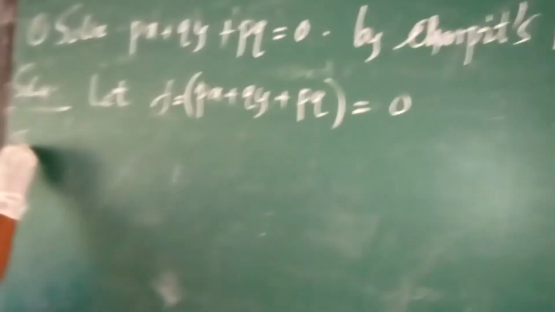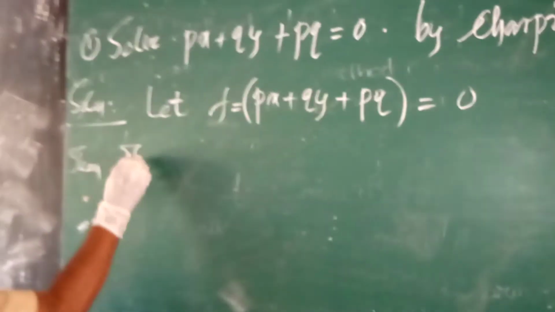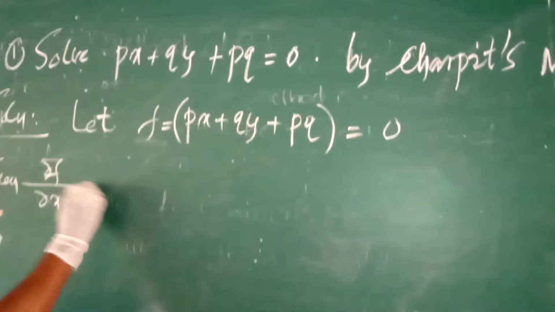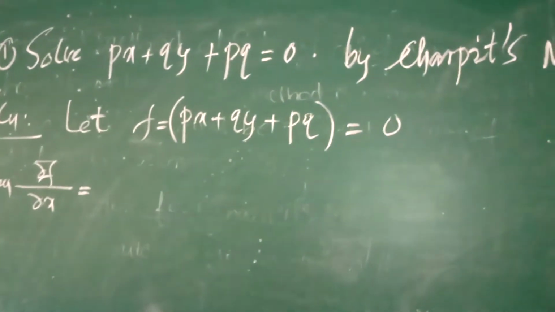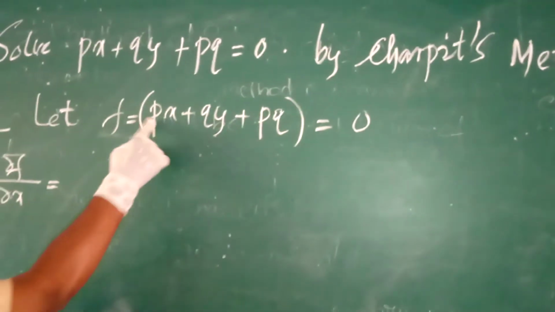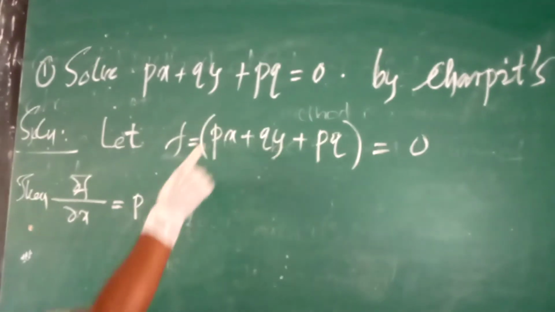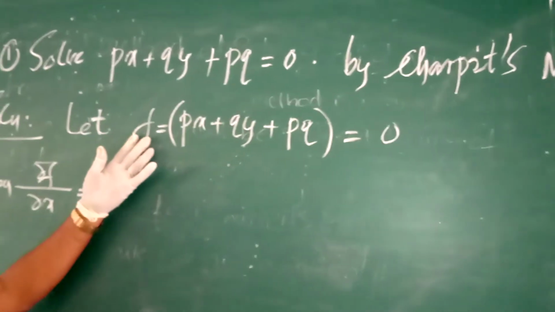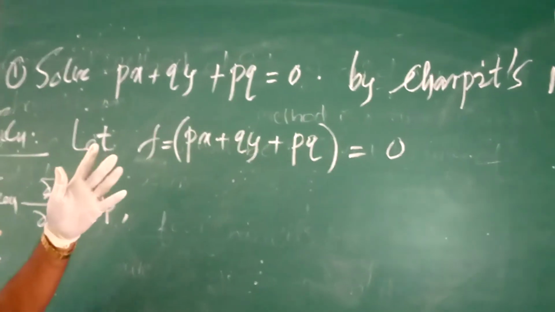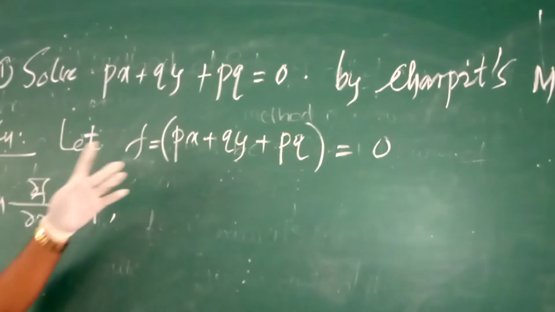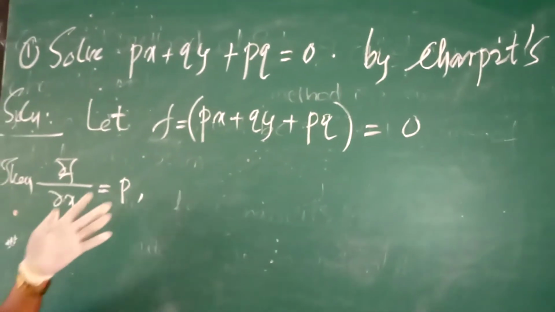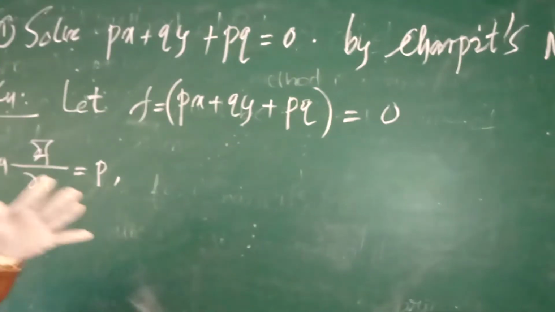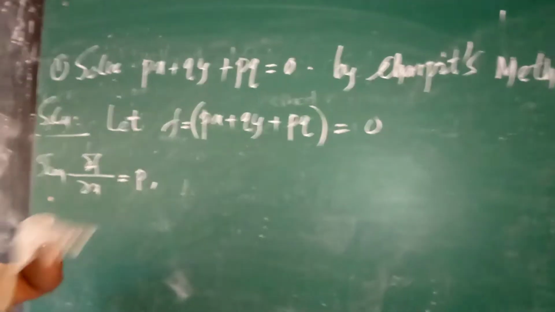Then you can find the partial derivatives. Differentiating partially with respect to x, the partial derivative of f with respect to x is p.